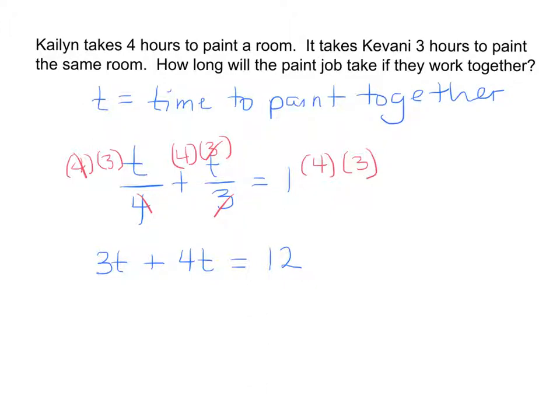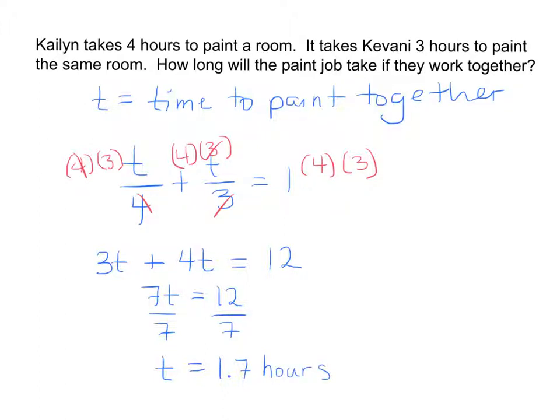And then combine terms, 7t equals 12. Divide by 7. T is equal to 12 over 7, or 1.7 hours.